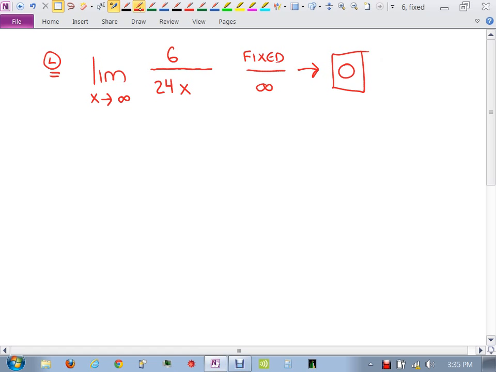Let's try this. How about the limit as x goes to infinity of x to the 100th power over e to the x?